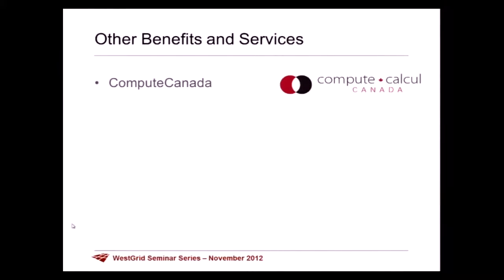Under Compute Canada, there are 7 consortia, WestGrid being one of them, and each of those consortia provides some level of collaboration support to their researchers. Through WestGrid, you can also access many of the collaboration facilities at almost every institution across Canada, and your local representative or myself would be able to get you in contact with those representatives at pretty much any institution across Canada.